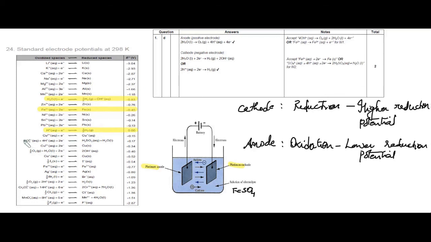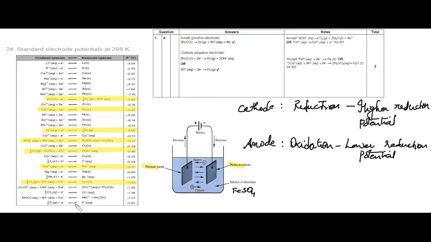With sulfate, I can have this reaction. Then again, oxygen, water, OH minus, so I can have this reaction. Copper will not do. I can have even this reaction, or even this one also.